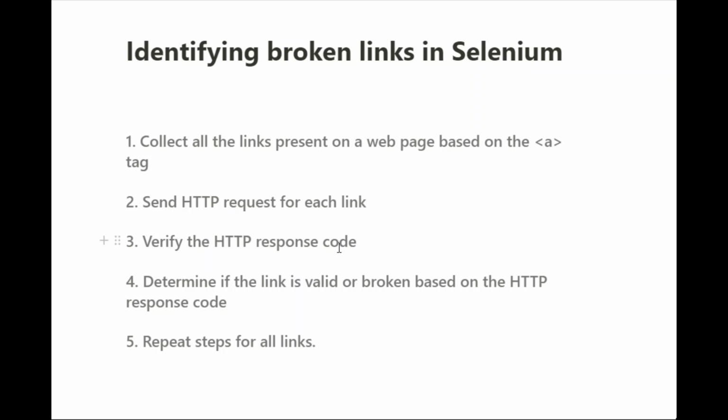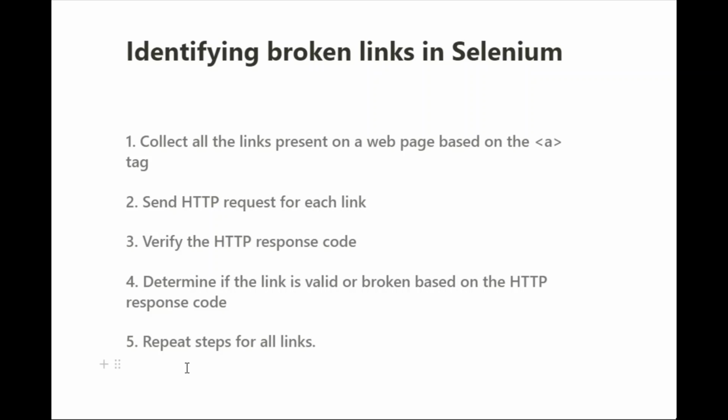As we already discussed, if it is in the form of 2xx, it is a valid link, and if it is in the form of 4xx or 5xx, it is an invalid or broken link. You determine this on the basis of the HTTP response code. Then you have to repeat the steps for all the links on the web page.